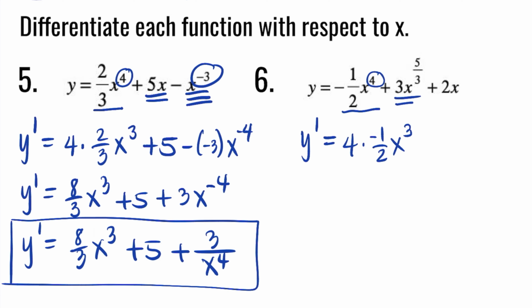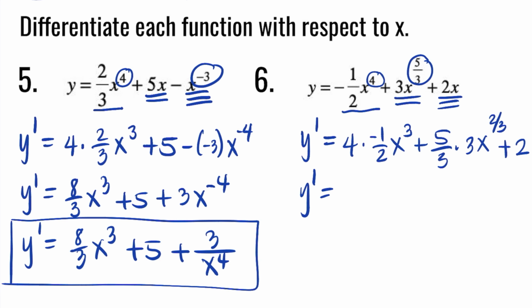For the second term, our exponent is 5/3, so we will have 5 over 3 times 3x to the power of 5/3 minus 1, or that is 2/3. And for the third term, the derivative of 2x is simply plus 2.